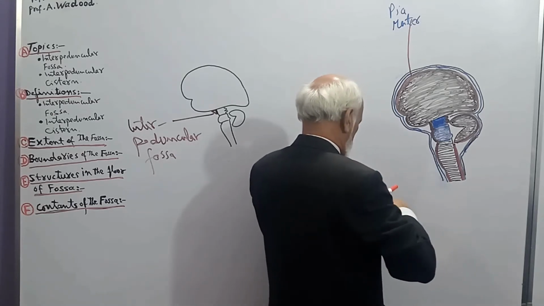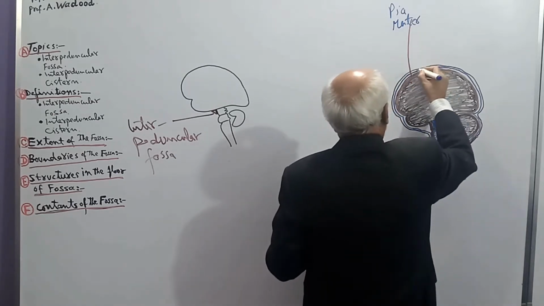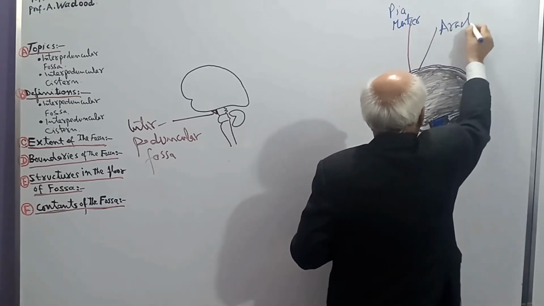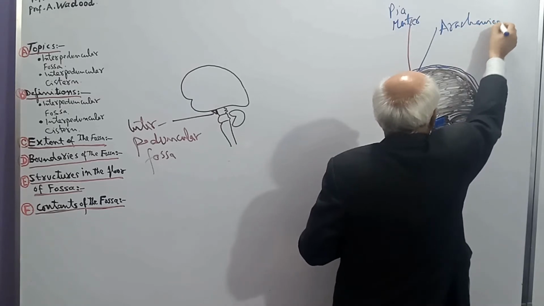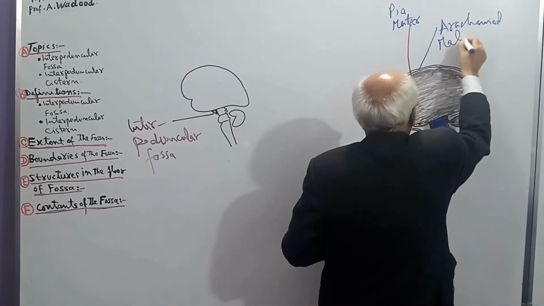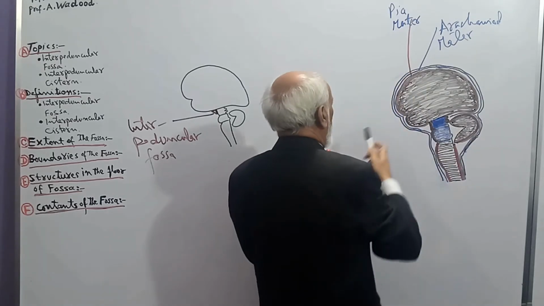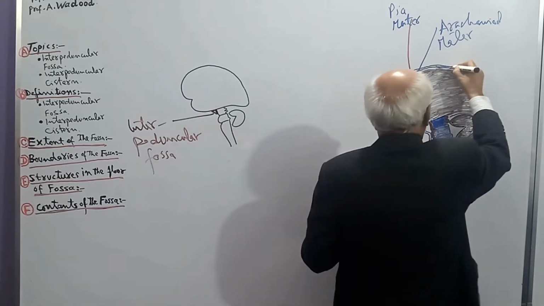This middle one next to the pia mater is arachnoid mater. And still outside the arachnoid mater, this is dura mater.